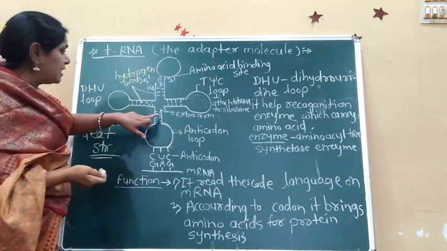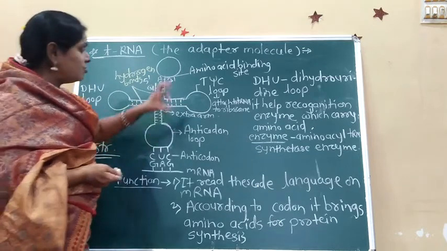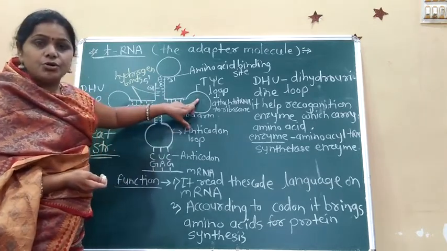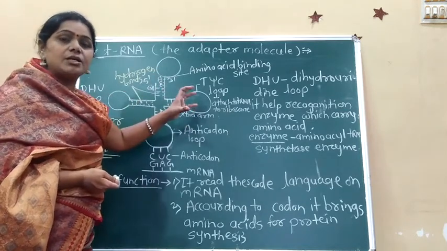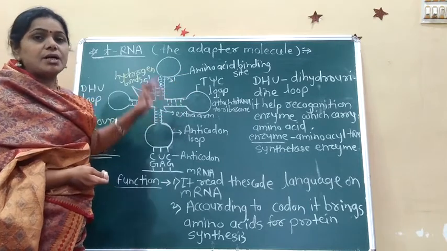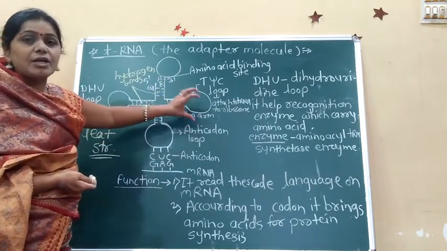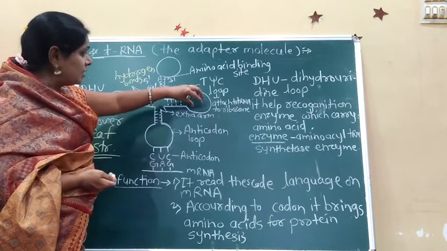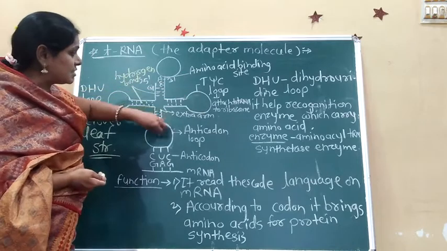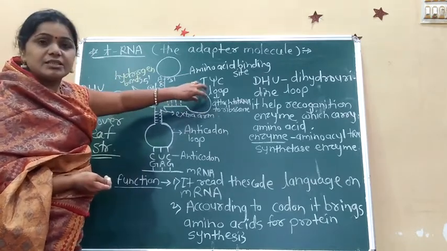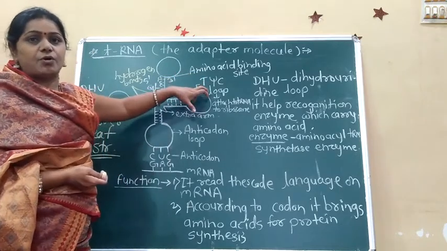Because of folding, these hydrogen bonds are formed, but where there are unusual or abnormal nucleotides, nitrogen bases, there is no hydrogen bonding at some distance here. That's why loop like structures are formed.